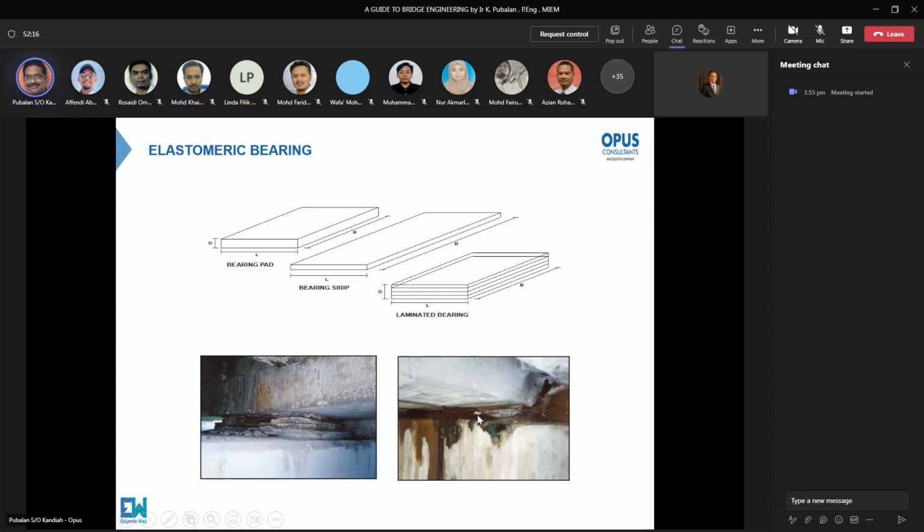You have bearing pads and you have laminated bearings. A laminated bearing consists of a rubber matrix with steel plates inside the rubber. Rubber alone will not have enough compression and bridging strength for its function.